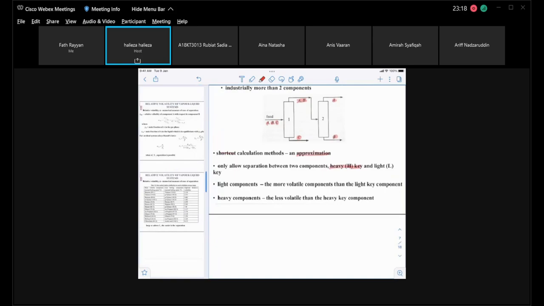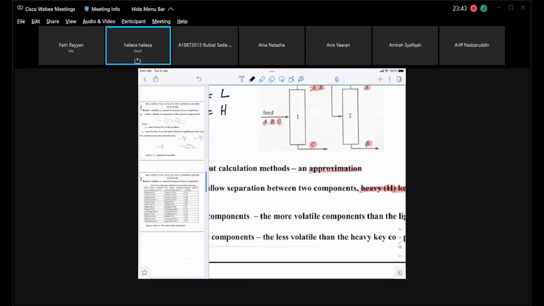You will look at heavy key and light key. In the textbook, we use the nomenclature H for heavy key and L for light key, but some textbooks use light key, heavy key. In our textbook, we're going to use just L for the light key and just H for the heavy key. So in our example here, we have A, B, and C.